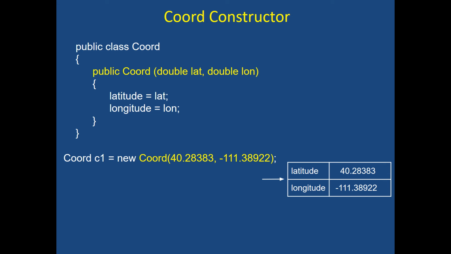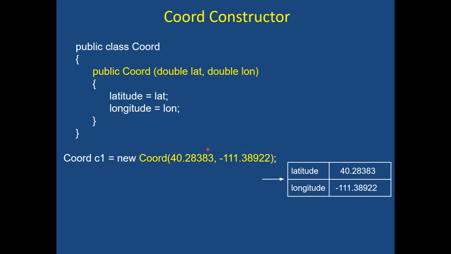Now we have a fully constructed object, and we have a reference to it, an address. What happens to the address? Consider this statement in totality. You can think of this as returning a newly constructed and initialized object, a reference to a newly constructed initialized object.